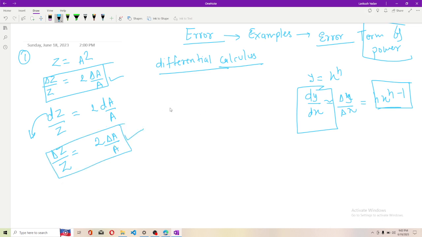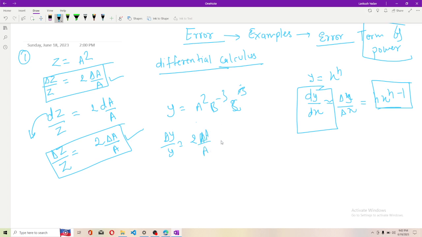Now suppose we have y is equal to a square b power minus 3 c cube, or suppose c power 3. So delta y upon y is equal to 2 delta a upon a.